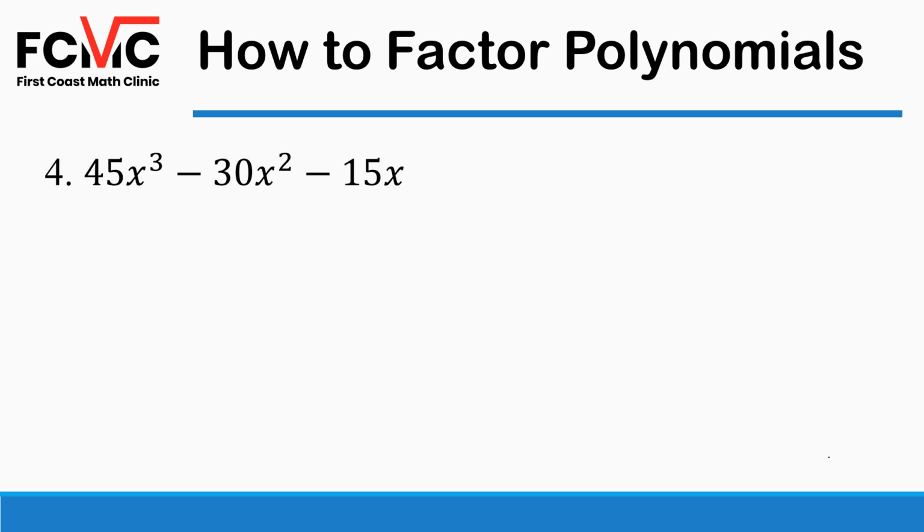Okay, so for number 4, we've got 45x to the third minus 30x squared minus 15x. So again, we want to find our GCF. So let's start breaking this apart. 45, we could break that up into maybe 15 times 3, and then x to the third, so it's going to be x times x times x. Minus 30, that's 15 times 2 times x squared.